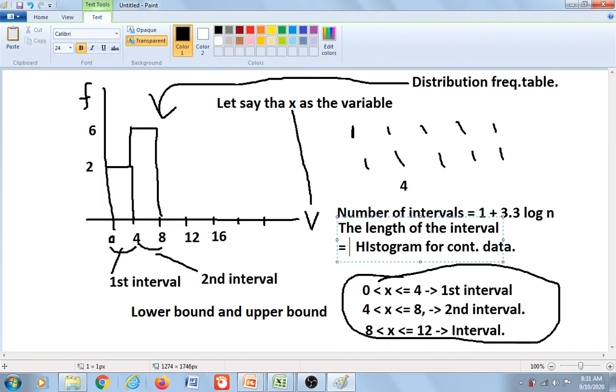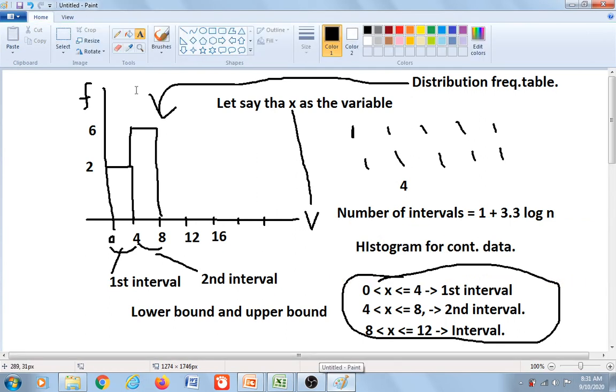Oh no, it is the range divided by the number of intervals. Okay, I think I need more space here. I will write somewhere else.